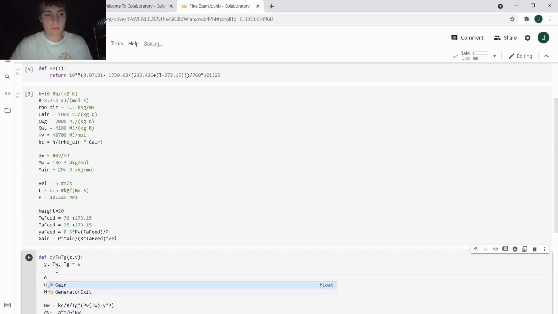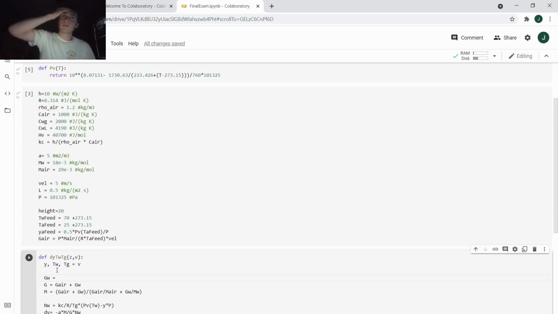And if you think about the molar flow rate of water over the molar flow rate of the air, that would be equal to the mole fraction of water vapor times the total gas flow rate, divided by 1 minus the mole fraction of the water vapor, because that's the mole fraction of air, times the total gas flow rate, and then those would cancel out. So you're left with the mole fraction divided by 1 minus the mole fraction. That's the mole fraction of water over the mole fraction of air, which is just 1 minus the mole fraction of the water.